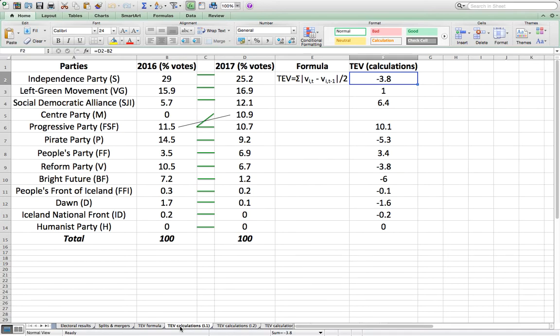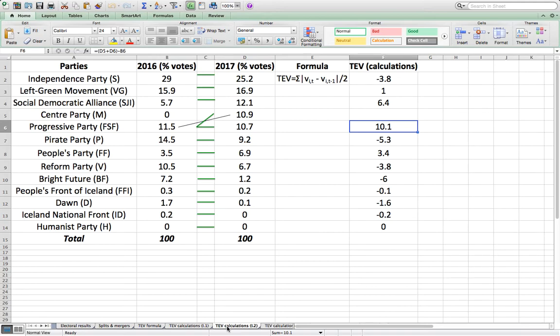We need to take into consideration that when there is a split or a merger, the percentage of votes for the party that split and the mother party have to be added up and subtracted from the percentage of votes of the mother party.